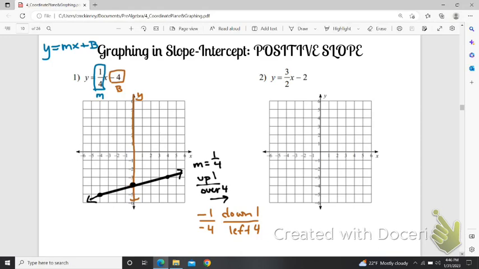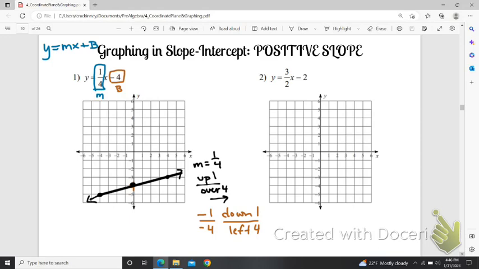The line should extend through the graph and have some arrows on the end because the line actually continues on forever. You don't need to have what I have on my graph in brown. That was just for me to help you see that that is the y-axis, and that's why that's where we begin. So we began at -4 and we went up 1 and over 4.